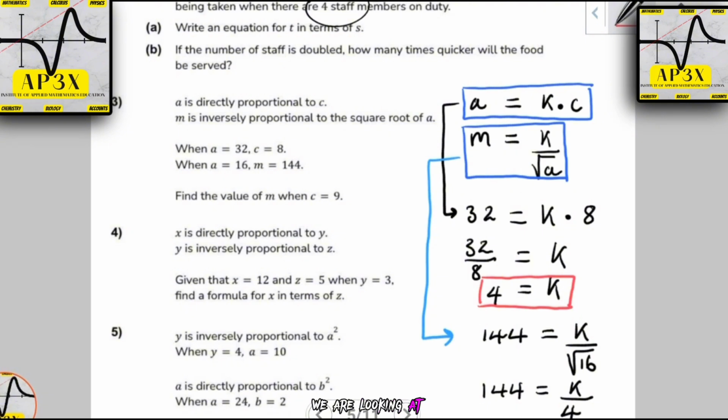We are looking at finding the value of a variable, but the variables involved in this question are from two different variation problems.